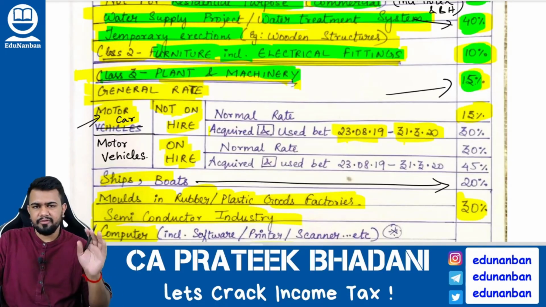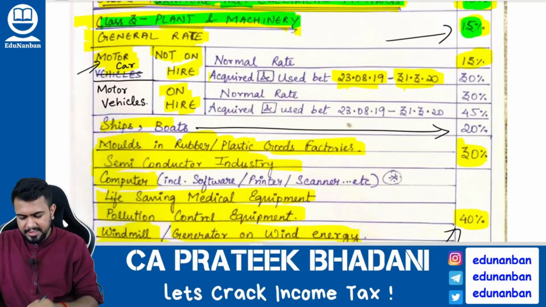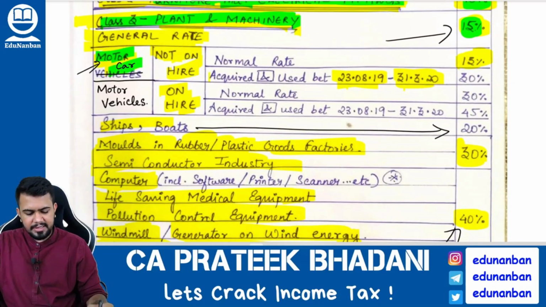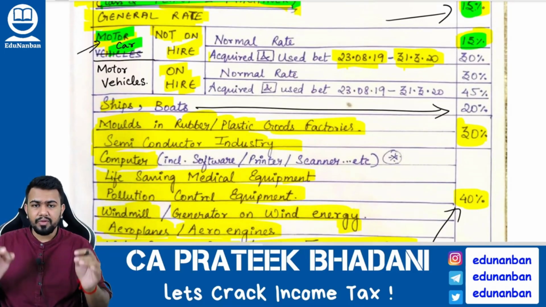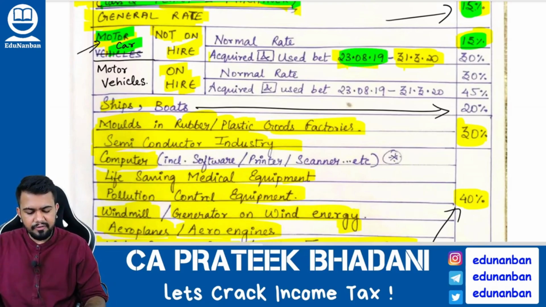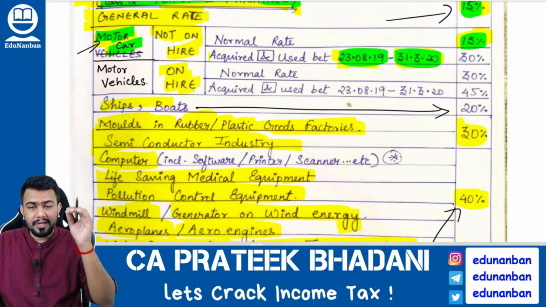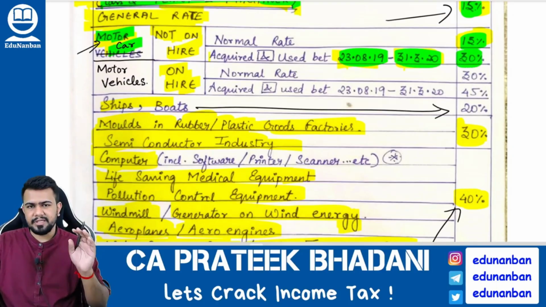Next, for plant and machinery, the general rate of depreciation is 15%. However, if a plant and machinery is a motor car, the rate of depreciation is 15%. But if the motor car was purchased and used between 23rd of August 2019 till 31st of March 2020, then on such car alone the rate of depreciation is 30%.